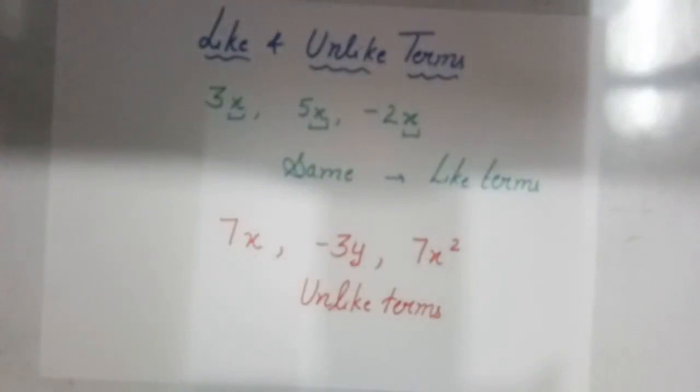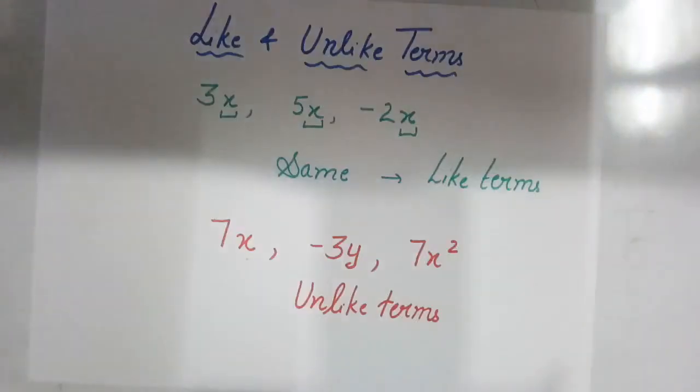Like and unlike terms we basically use for addition and subtraction of algebraic expressions. Remember, only like terms can be added or subtracted. Unlike terms cannot be added or subtracted. For example, if you have 4 apples and someone has 3 apples, then you can simply add 4 plus 3, 7 apples.